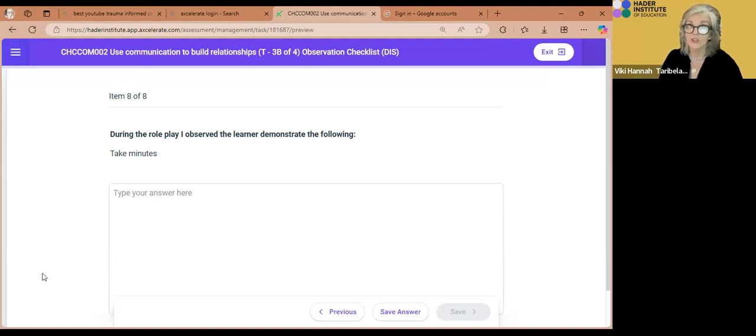If you're jumping into this particular role play, it's being assessed in real time. You've got an assessor there to help you where you need the help, but mostly that's the timing to let everybody know that they're on track. It says 15 minutes, so it's 15 minutes, and then the additional 5 minutes.